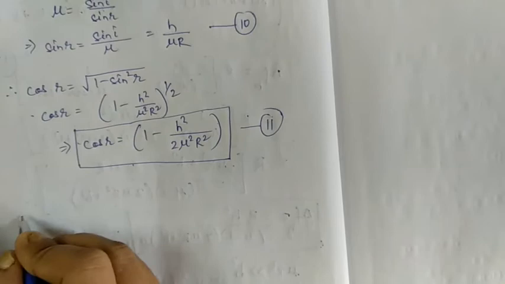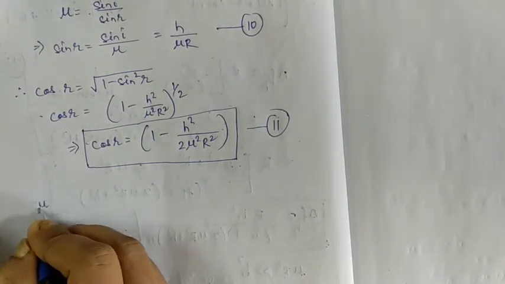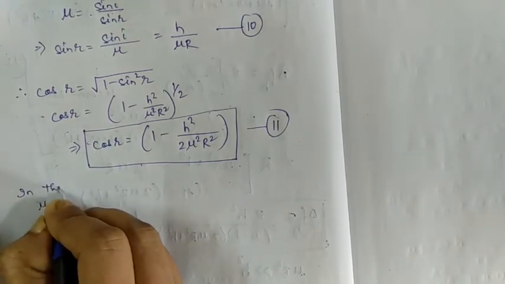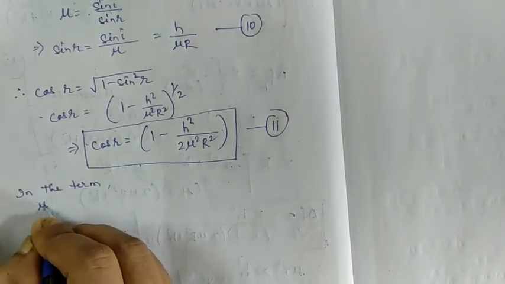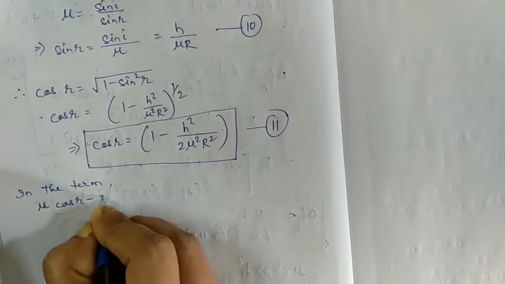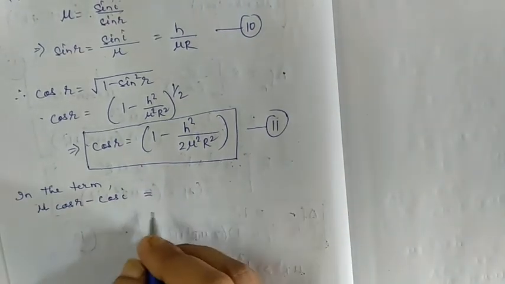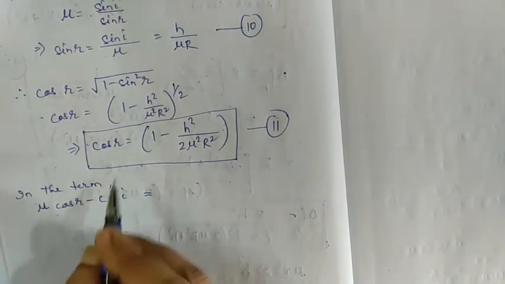So we have that is mu cos r minus cos I is equal to, just substitute these values of cos r and cos I as we have found now.